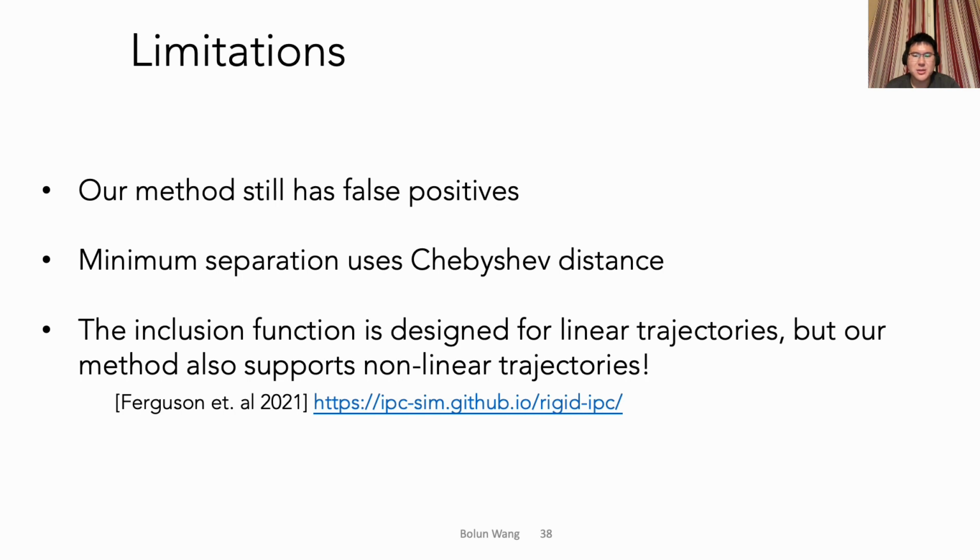Our method is designed for linear trajectories, but we have already added a new feature to support nonlinear trajectories. We use our linear CCD with minimal separation to form a conservative CCD for nonlinear rigid trajectories.